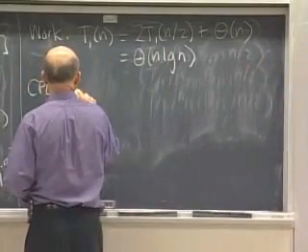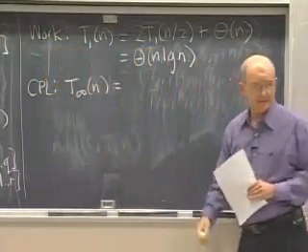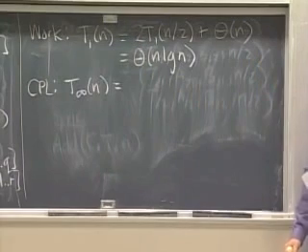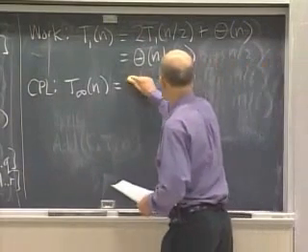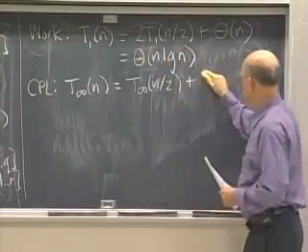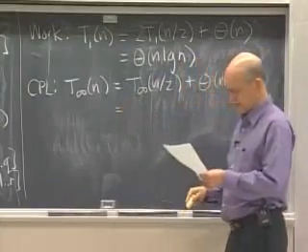Critical path length, T infinity of n is equal to T infinity of n over 2 plus order n again.